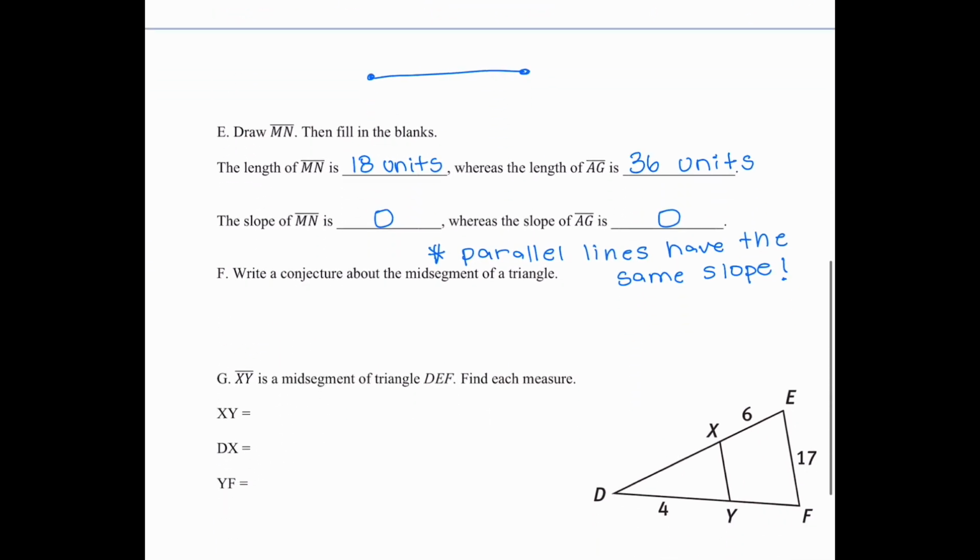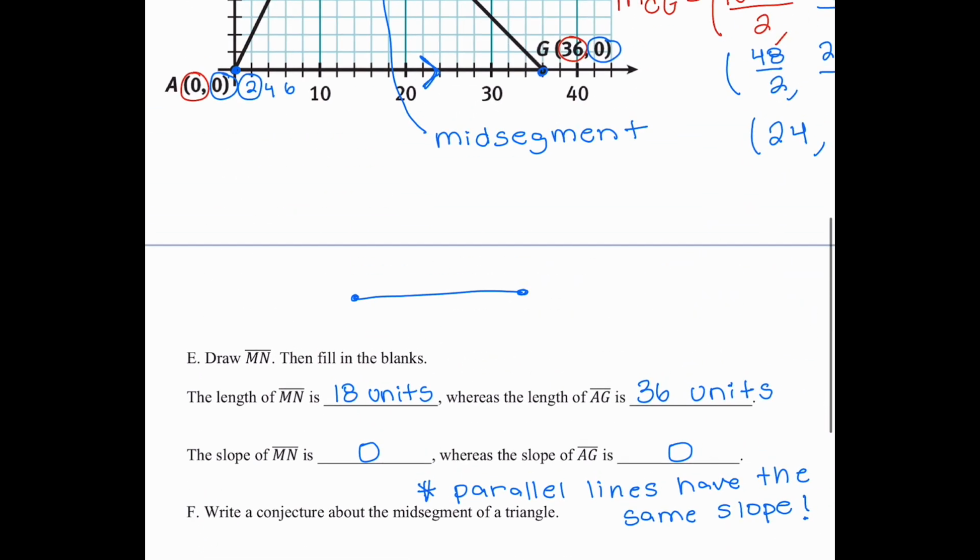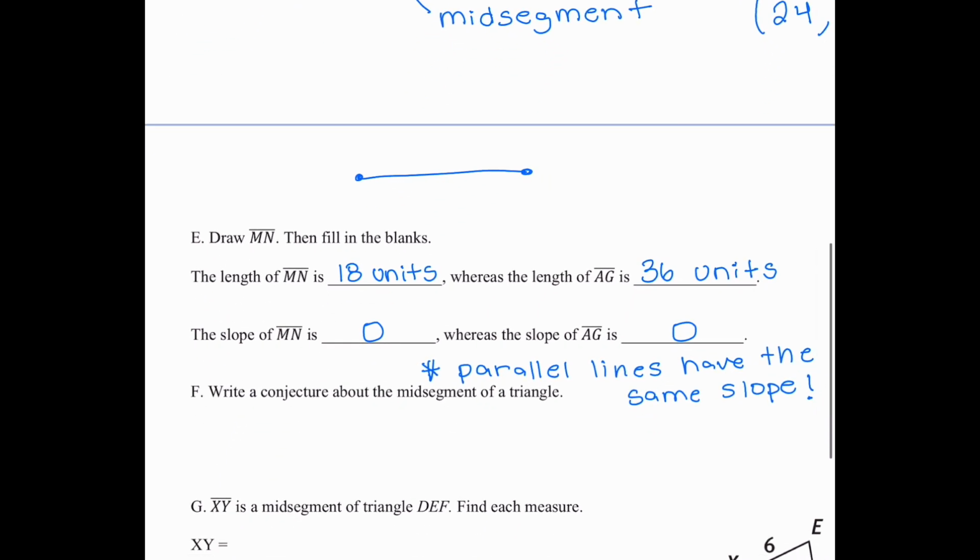And so in part F, it says, write a conjecture about the midsegment of a triangle. So one, we know that the midsegment is parallel to the third side of the triangle. And if you look at the lengths, 18 is half of 36. So we know that that midsegment is half the length of the third side of the triangle.